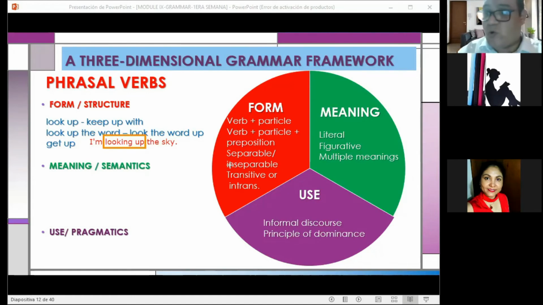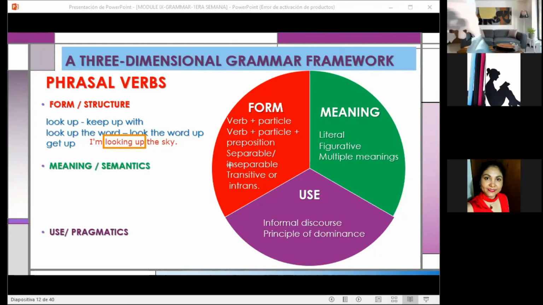Aha, no. I'm not using it as a phrasal verb because I'm referring to the direction of my looking. I'm looking upward, to a high position. I'm moving my head to an up position to look at the sky.